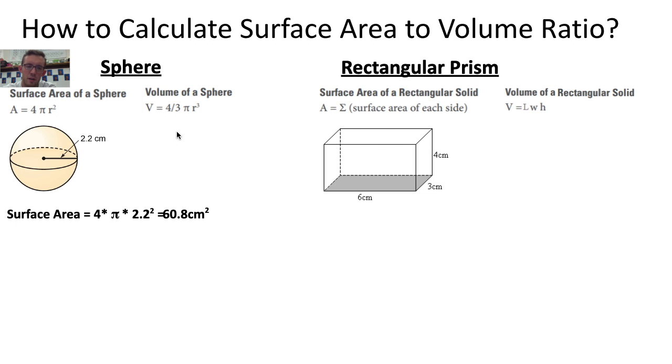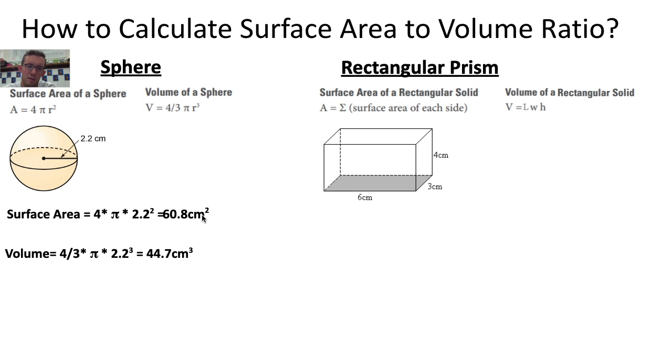To calculate the volume of this sphere, we are given that the formula is 4/3 pi times the radius cubed. Plugging in our radius, 2.2 centimeters, we'd find that the volume is 44.7 centimeters cubed this time, rather than squared. So the units are slightly different.